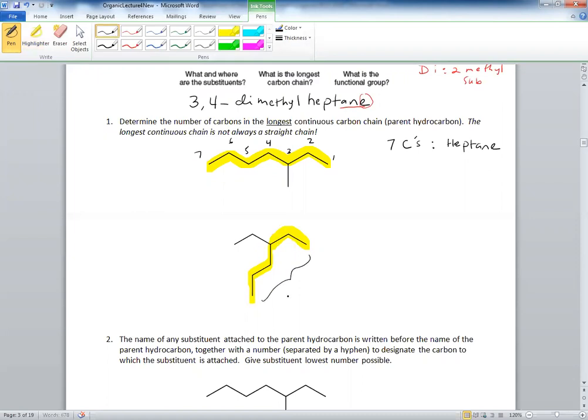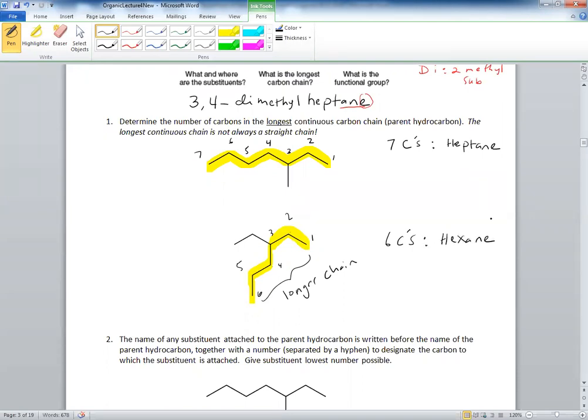So here's your long chain. That would be 1, 2, 3, 4, 5, and 6. So that's 6 carbons, which is hexane.